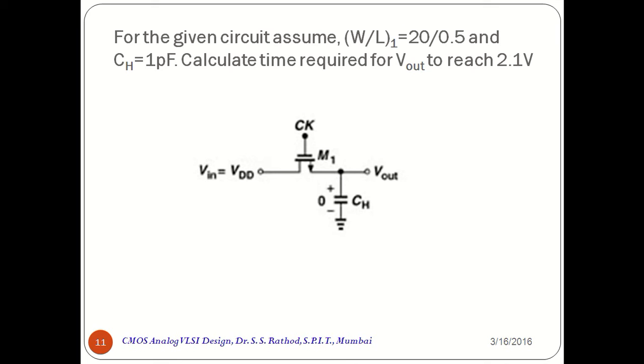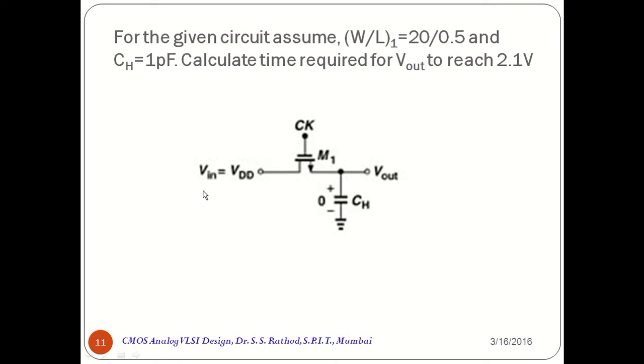Thus we have to find out the time required for the output voltage to reach 2.1 volts. Now for this circuit, we have to derive the equation for the output voltage. You cannot write directly Vout as VDD minus VTH. So consider the circuit in which gate and drain are at the same potential.